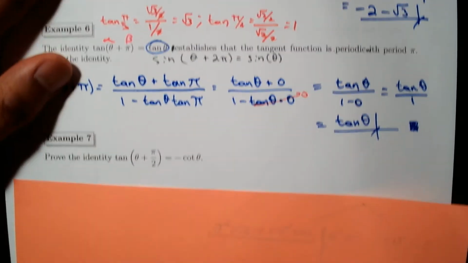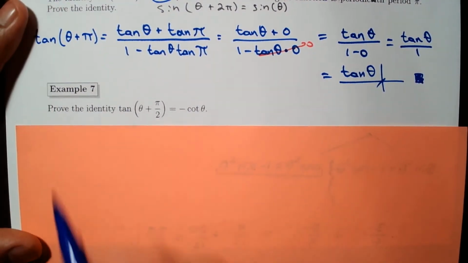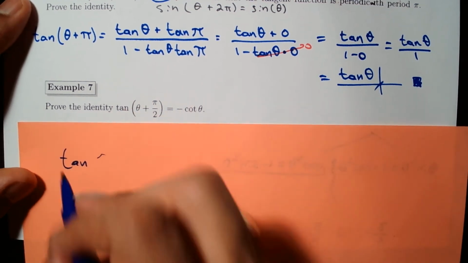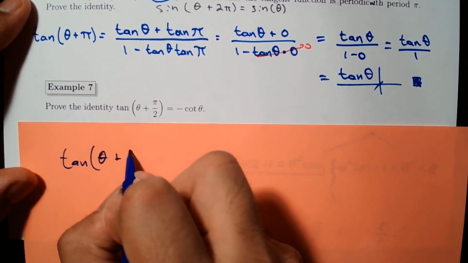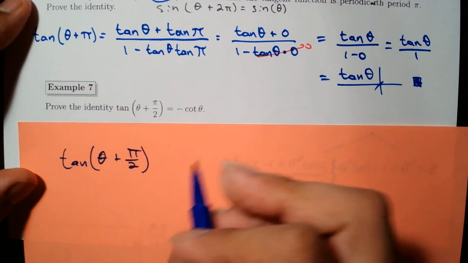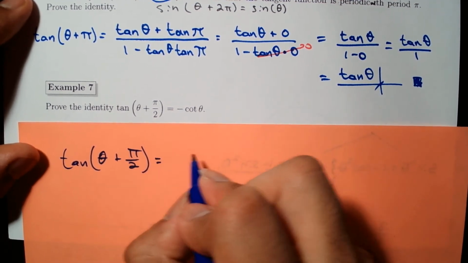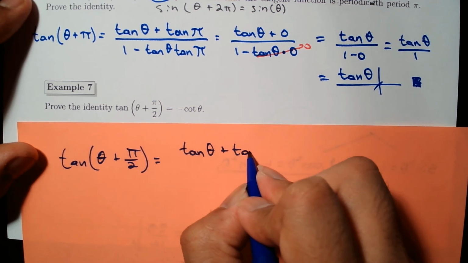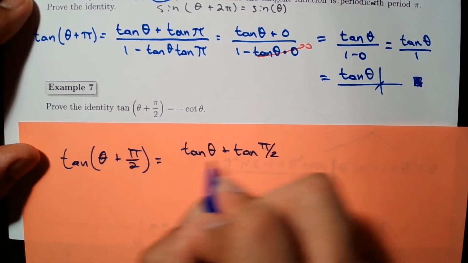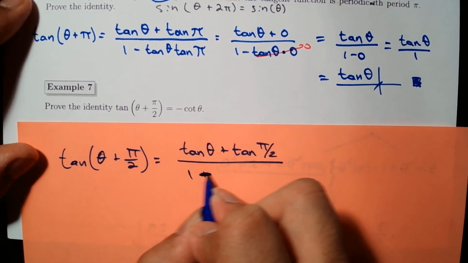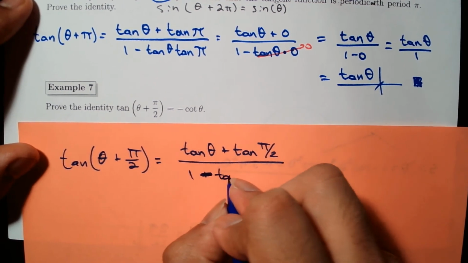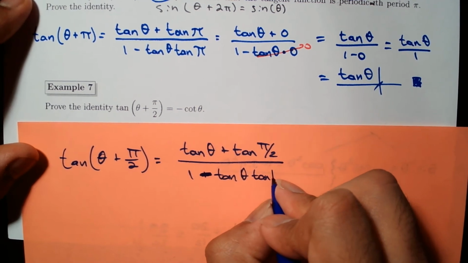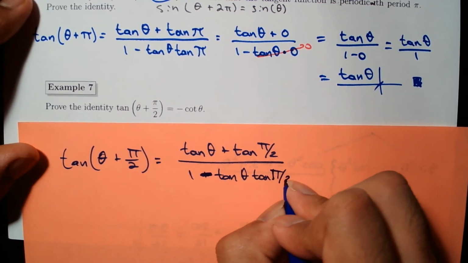Okay, so let me write tangent of theta plus pi over 2. And that equals, well, tangent theta plus tangent pi over 2, over 1 minus tangent theta tangent pi over 2.